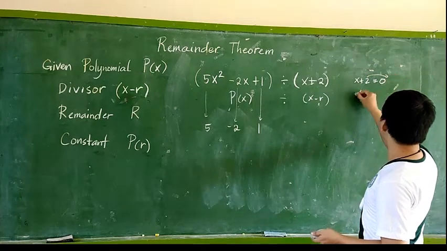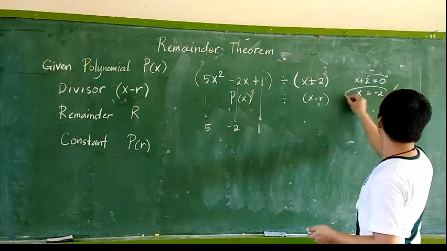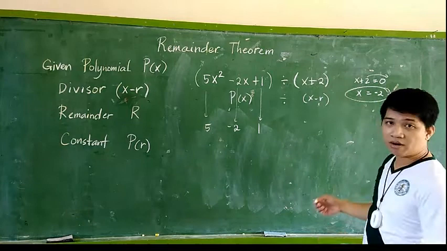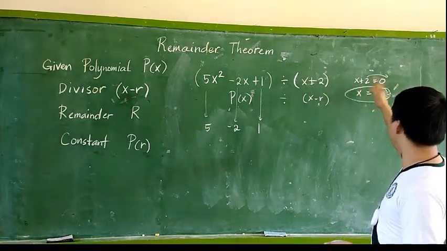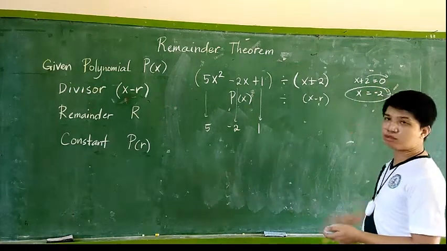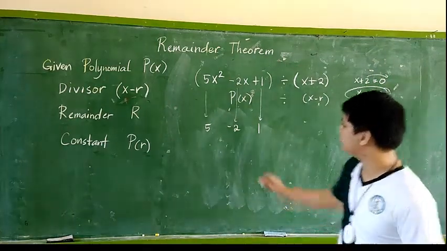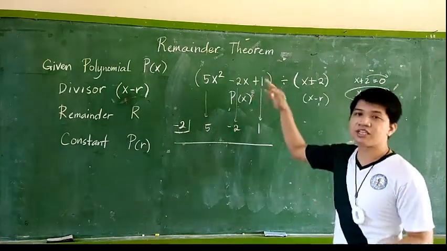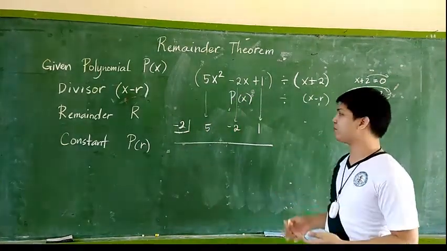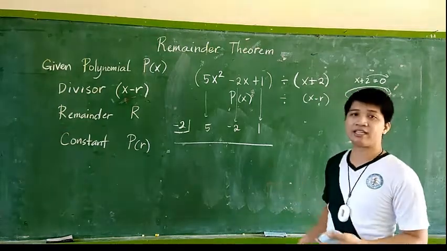You move it here, x is equal to negative 2. Or by the addition property of equality, you add negative 2 on both sides. So this is negative 2. Then just perform the steps of synthetic division.